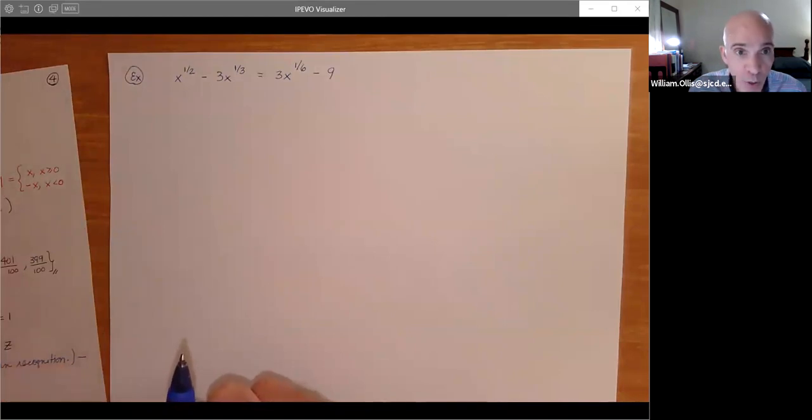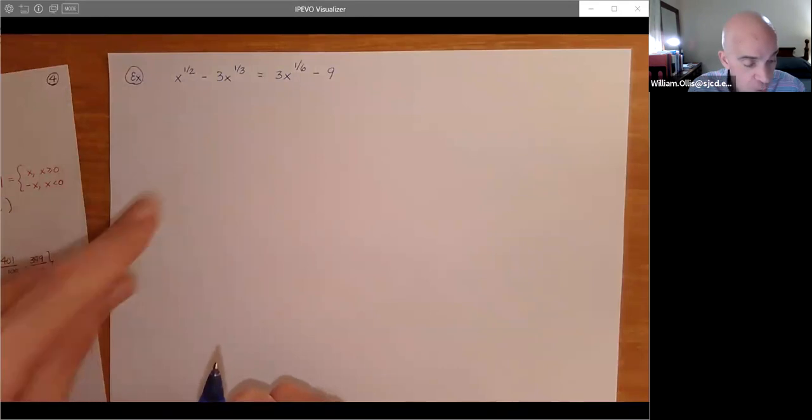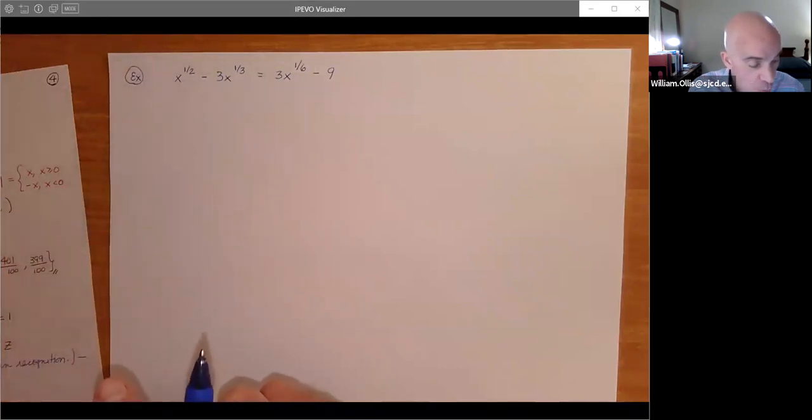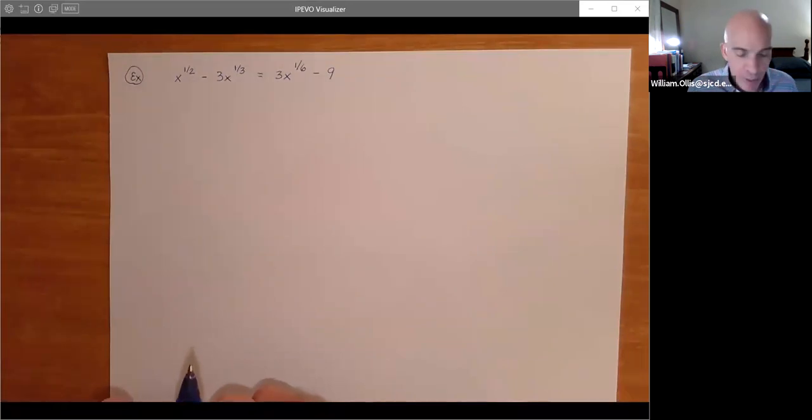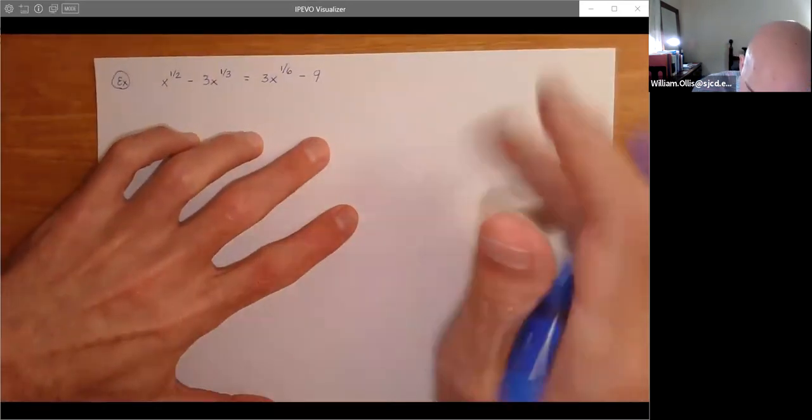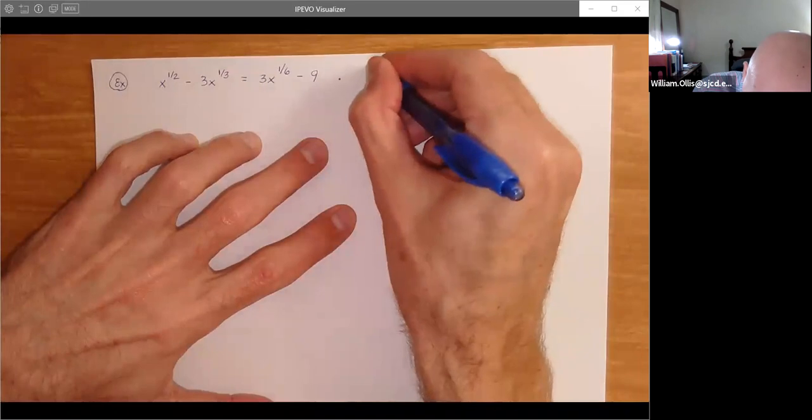So we have x to the 1/2 minus 3 times x to the 1/3 equals 3 times x to the 1/6 minus 9. And here's what the directions say: solve in the real numbers.